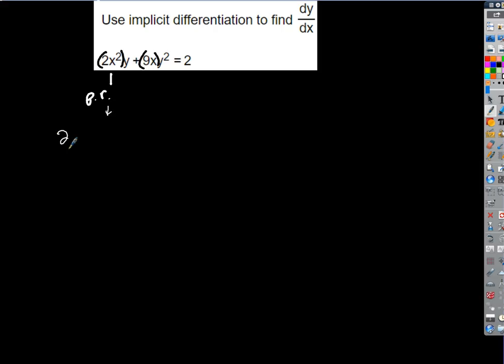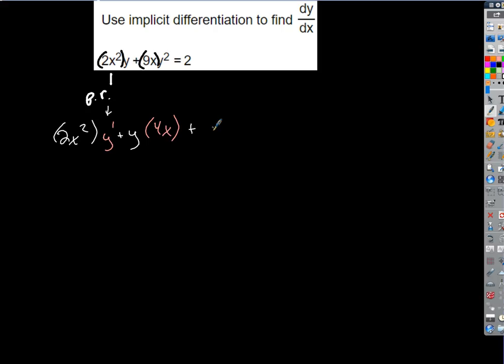So we get 2x squared times, what's the derivative of y? y prime, because we're differentiating with respect to x. So there's a y prime. Okay, plus, now we got to flip it around. y times the derivative of 2x squared, and what's that going to be? Just a plain old 4x, right? Only one layer there.